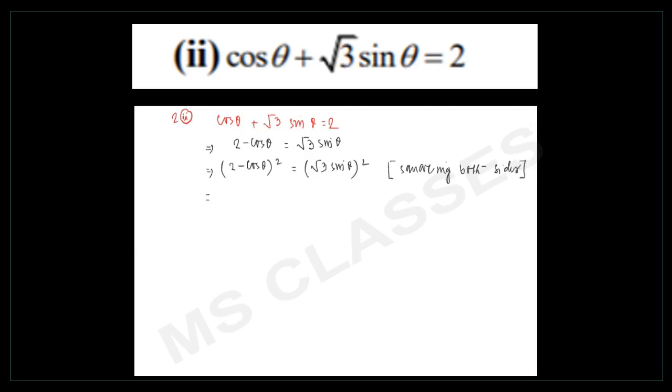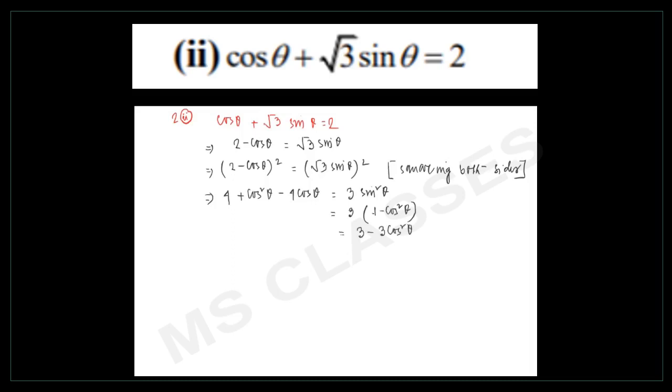So what we get here, 4 plus cos square theta minus 4 cos theta equal to 3 sine square theta. Now we'll try to bring this sine square theta in terms of cos square theta. So this gives us 3 minus 3 cos square theta.